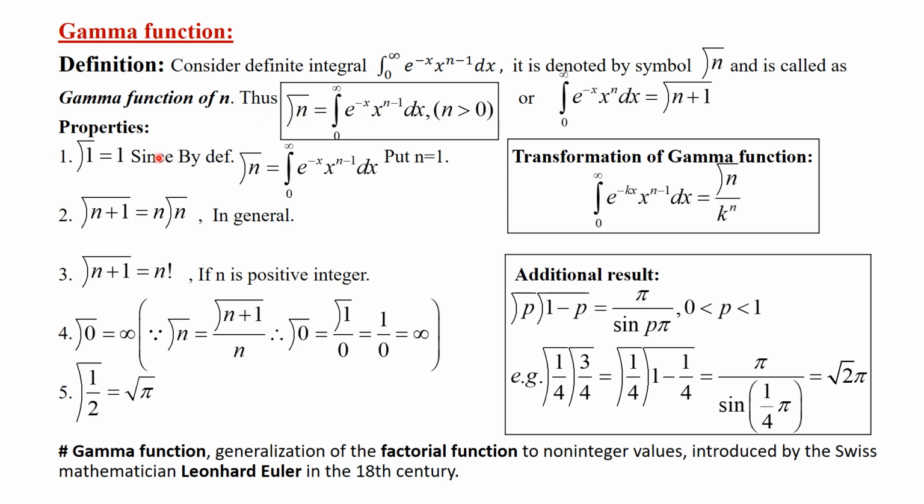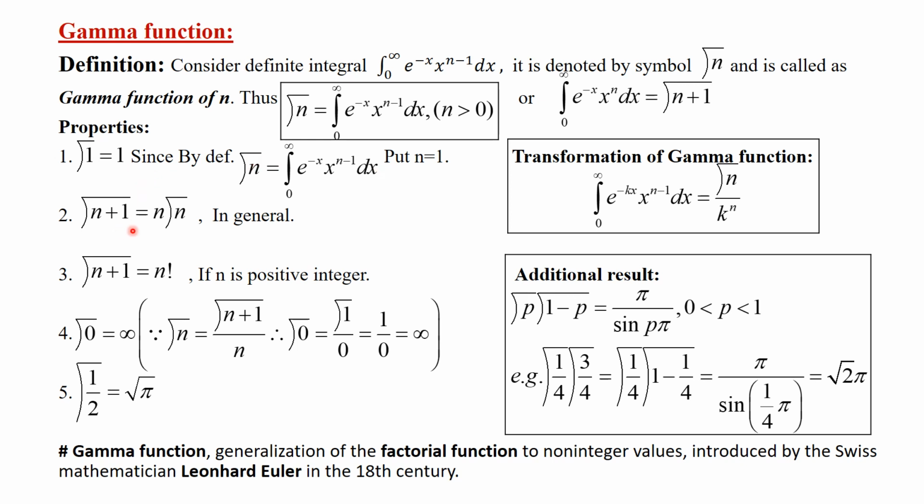Now some properties. Gamma of 1 is equal to 1. Using the definition of gamma of n, if we substitute n equal to 1, it reduces to the integral of e raised to minus x from 0 to infinity, and evaluating it gives gamma of 1 equal to 1.